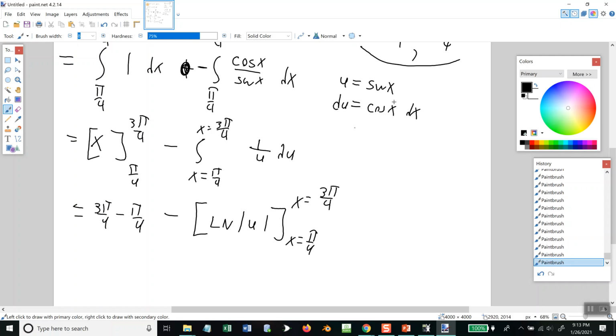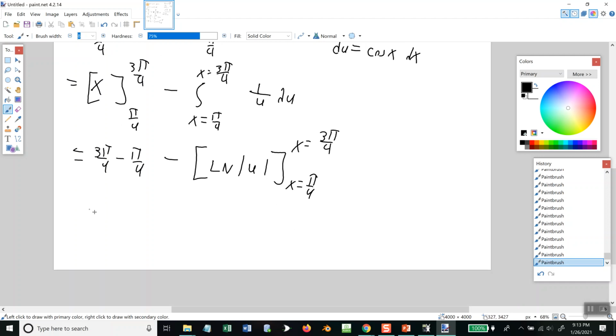But now we're going to plug our u back in. U is sine x. What's that? 2 pi over 4, or pi over 2, minus natural log of the absolute value of sine x from pi over 4 to 3 pi over 4.